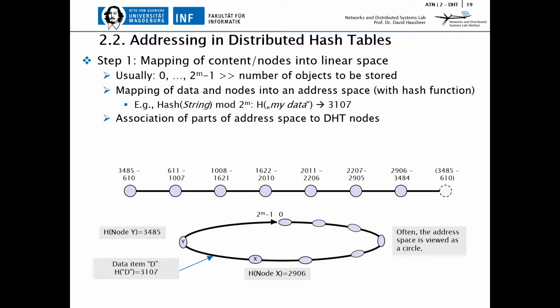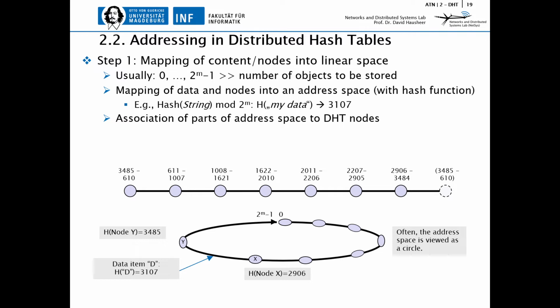So you can see here several nodes that are located in that address space. Often this linear space is viewed as a circle, as it's illustrated here.